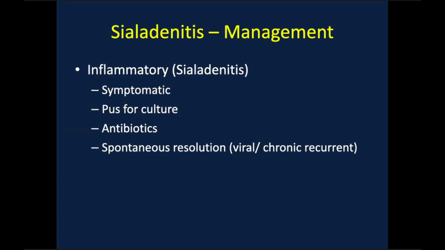Then you saw obstructive problems in the salivary glands. And the last category you saw was inflammatory problems, either due to infective causes like bacteria or viruses, or due to non-infective causes like sarcoidosis. So either way, sialadenitis is a very important medical problem for you to know how to manage.